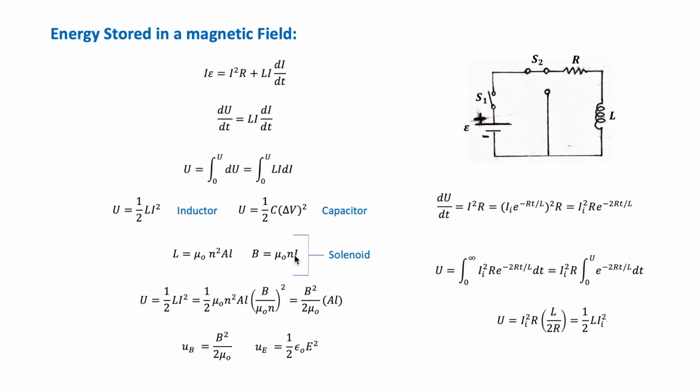So we substitute for L and I, which is B over mu naught N, in this equation, and we get B squared over 2 mu naught times A L. And A L is the volume of the solenoid. So if we divide by the volume to get the energy density, we get U_B is equal to B squared over 2 mu naught.